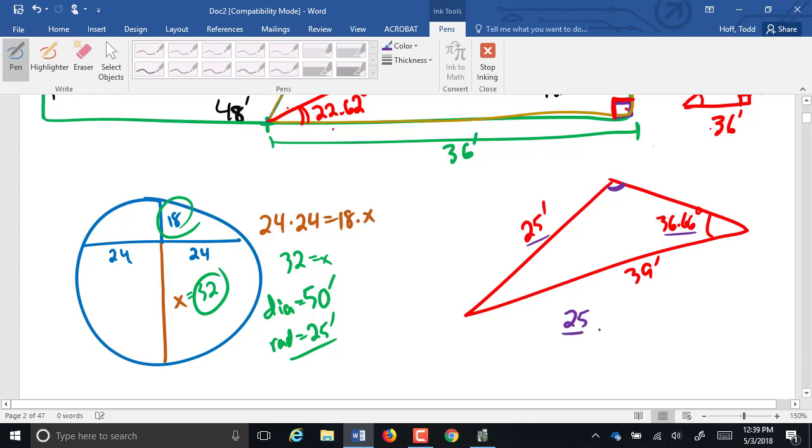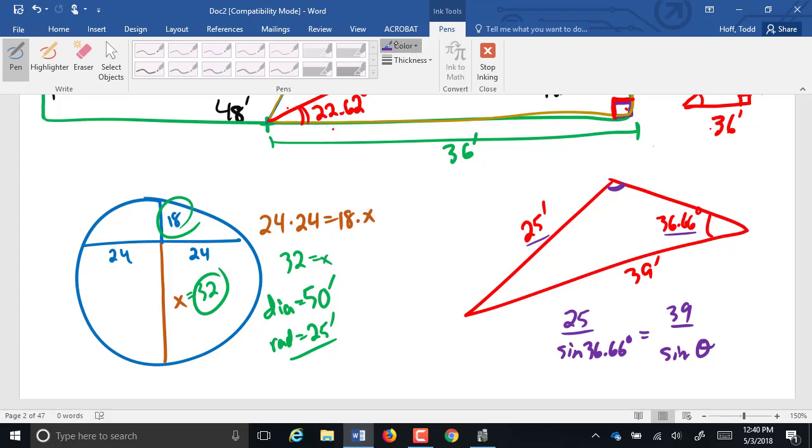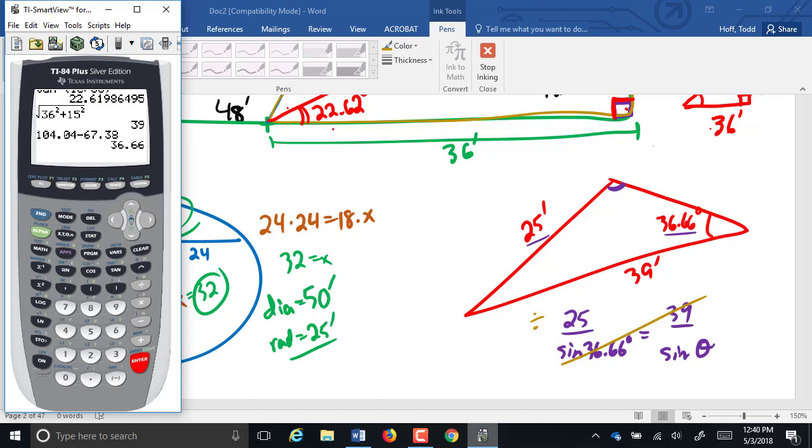Law of sines. 25 over sine of 36.66 degrees equals 39 over sine of theta. So we will cross multiply and divide, and then we'll do our inverse sine. So sine of 36.66 times 39 divided by 25. 0.93, then we do an inverse sine.